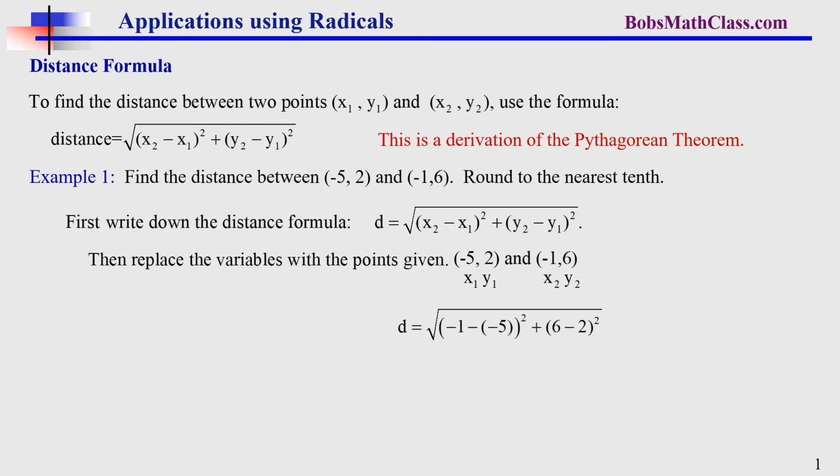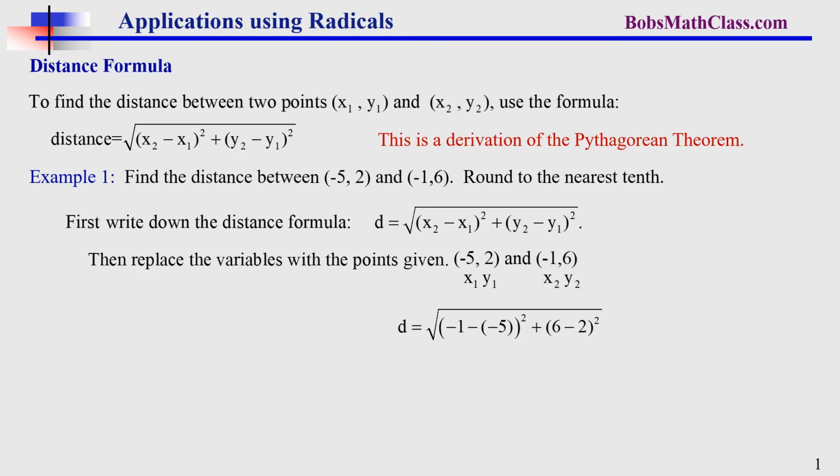Okay, so this is what we got. In parentheses, -1 minus -5, all squared, plus 6 minus 2, all squared. In the first set, we have two negatives.